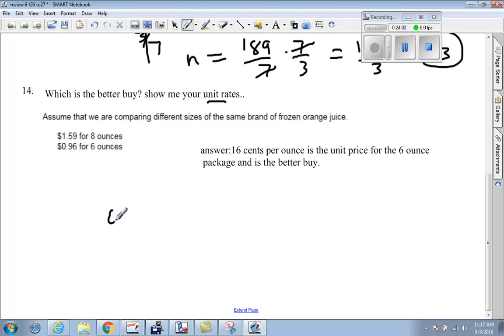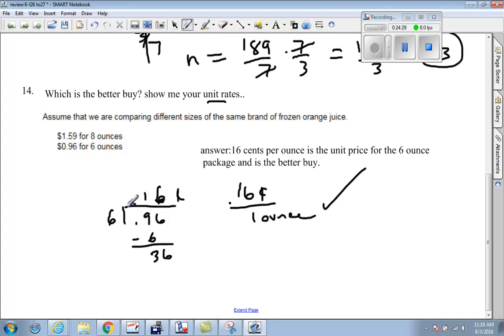So, all right. Well, let's divide the 6 ounces into the 96 cents to get a unit rate. 6 goes into 9, 1. And 6 into 36. So there we're looking at about, that unit rate is about 16 cents. So I'm just going to write here 16 cents for 1 ounce.